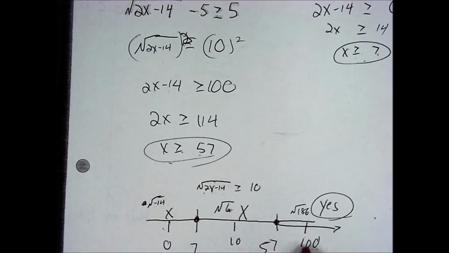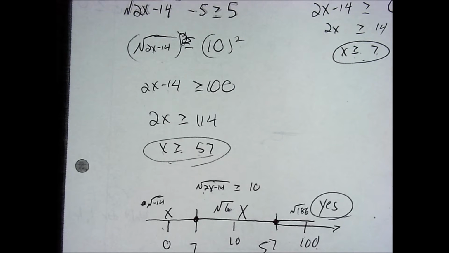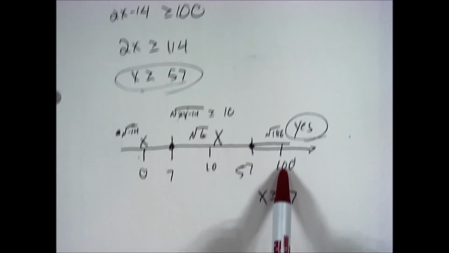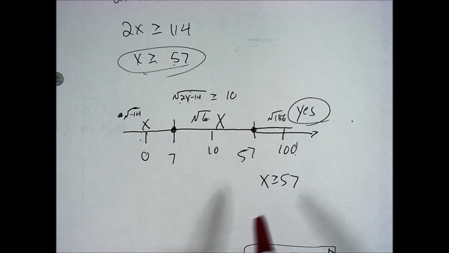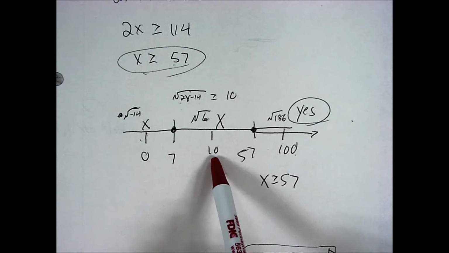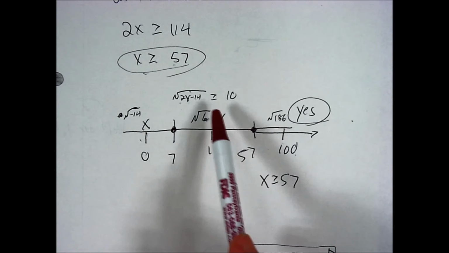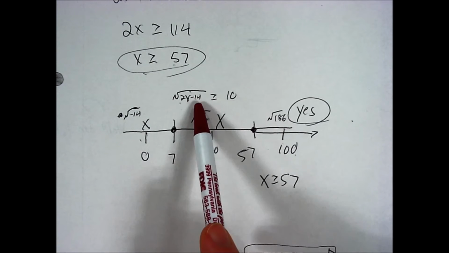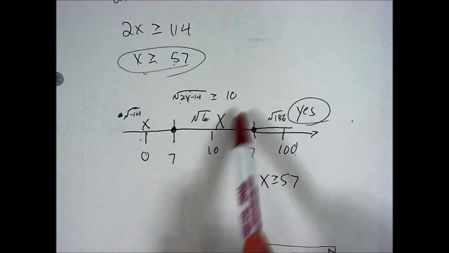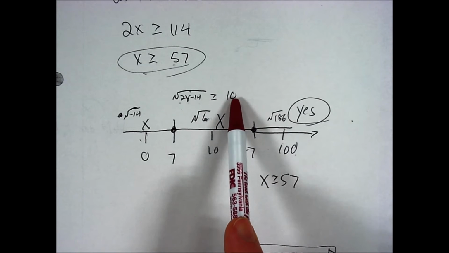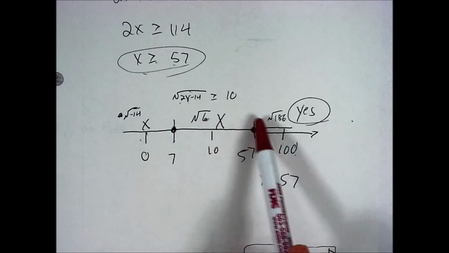Here's 7, here's 57. 0, 10, and 100 are going to be my test points. If I put 0 in, again, we get the negative. That's not going to work. If I put 10 in, or any other number in between here, I'm going to have a good square root, but the square root of that number is not going to be greater than or equal to 10. So no, I don't want that one.